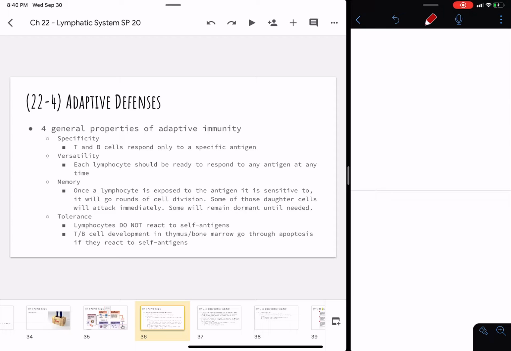Same thing goes for the B cell. If the B cell couldn't recognize what the T cell was presenting, then also useless. There's no point in having any T helper cells if none of them could actually talk to the B cell.